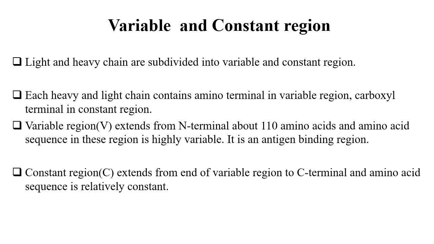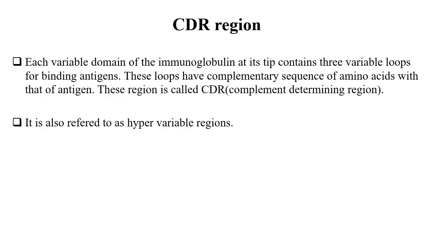The variable region extends from the N terminal for about 110 amino acids, and the amino acid sequence in this region is highly variable. It is the antigen binding region. The constant region extends from the end of the variable region to the C terminal, and its amino acid sequence is relatively constant.